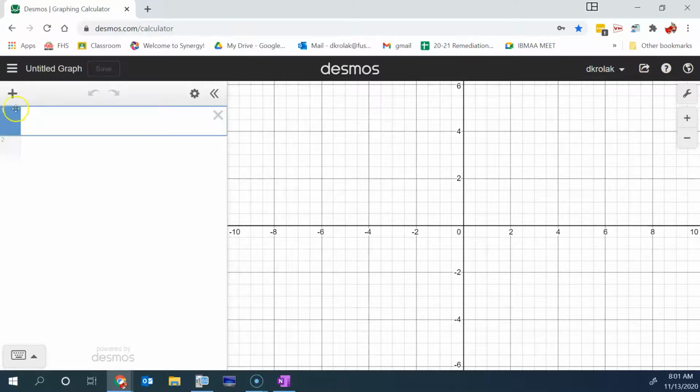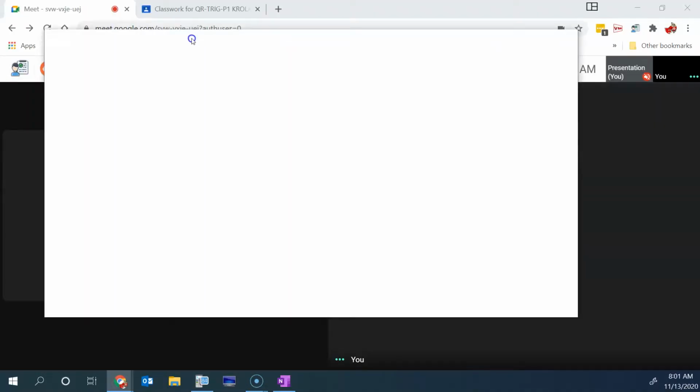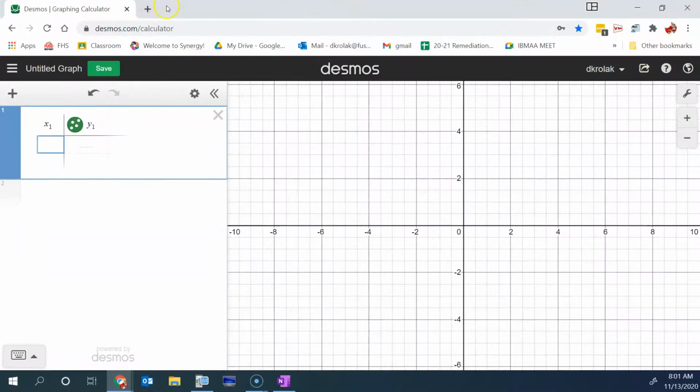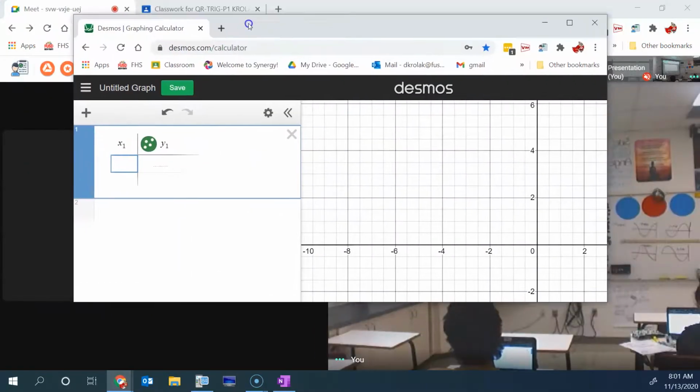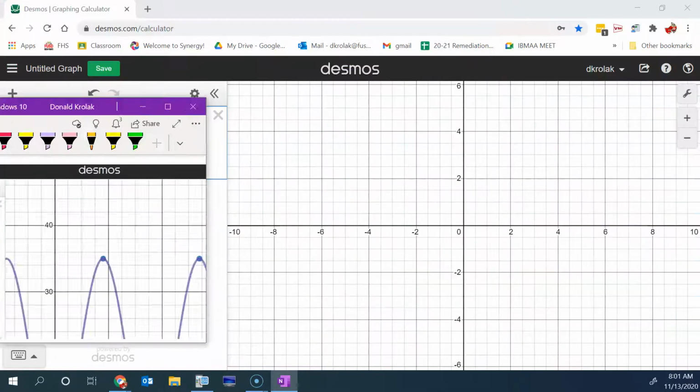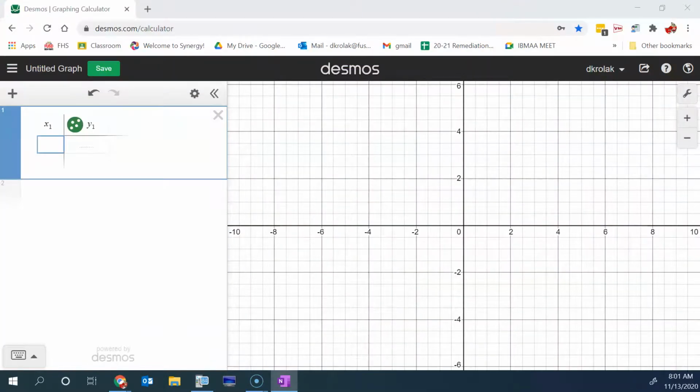All right, so I click plus, add a table, and I'm going to put in my data from that chart. The X's are the times.